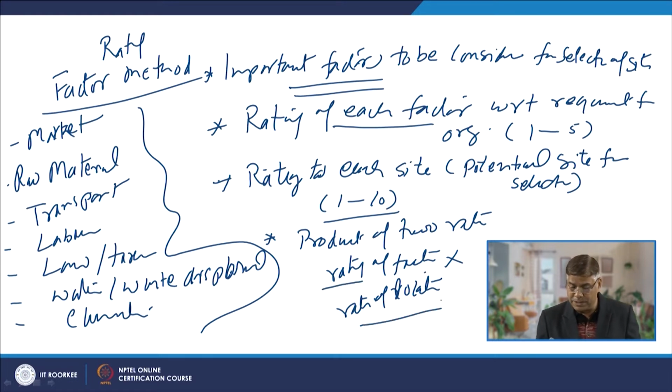The product of these two is identified, and then the sum of all these factors for each of the sites is determined. The site which offers the maximum weightage is chosen for locating the plant, which will represent the cumulative effect of all these factors and the importance that we have given to the various factors and to the different sites, reflected in such a cumulative rating.